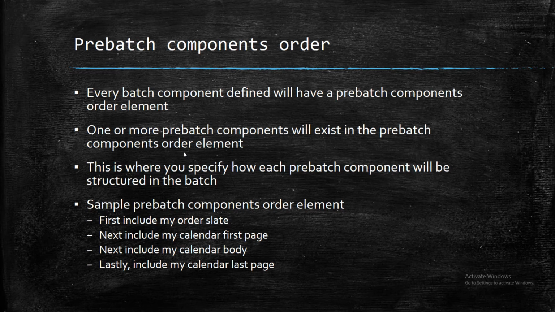A brief example might be: the first item in the pre-batch components order might say to include the order slate. Then the second item is going to include the calendar first page. Then the third item is going to include the calendar body, and the fourth item is going to include the calendar last page. This list is going to be iterated through for every input into the batch.